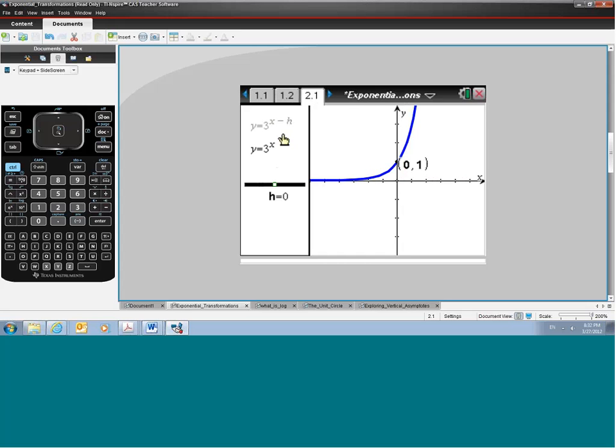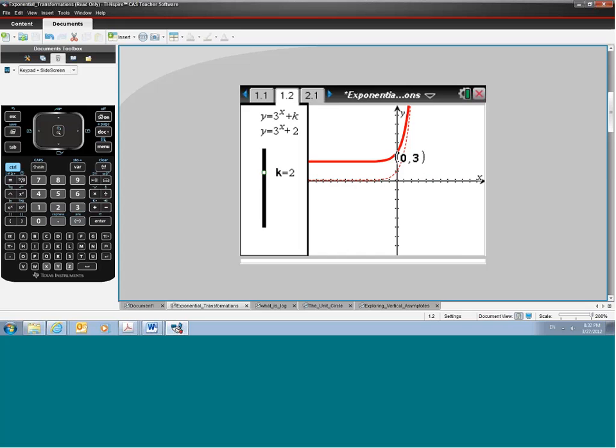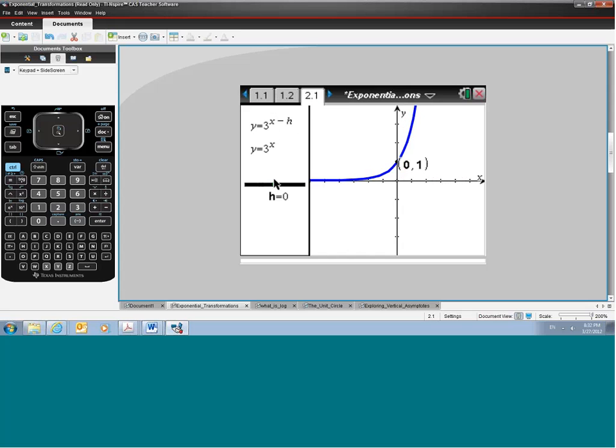Other pages in this document explore other ways to transform. This is subtracting h from the variable itself. And notice how back here we have the slider going up and down.